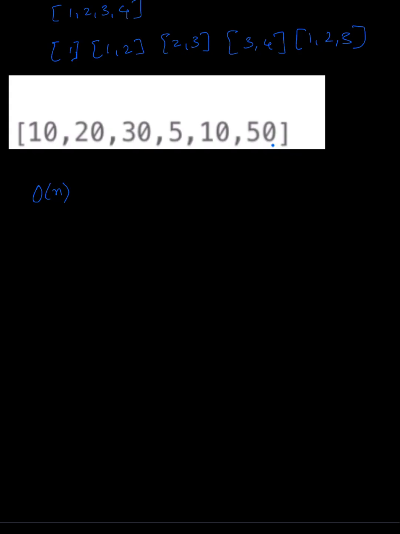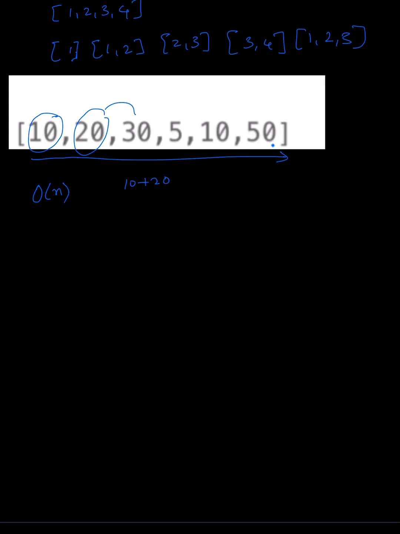Here we need to iterate from here until here. So before that, the logic is that we can check whether this number is greater than the previous number. If this number is greater than the previous number, then we can consider both are in ascending order, and we can add those two, 10 plus 20.